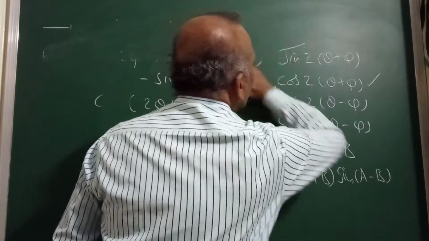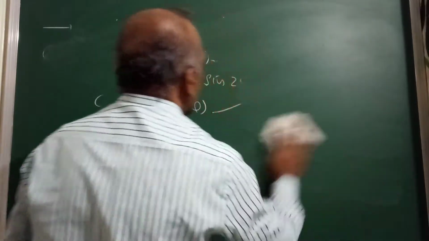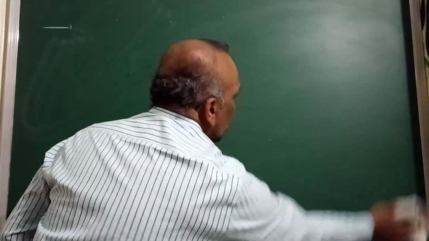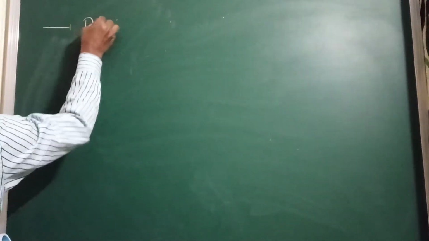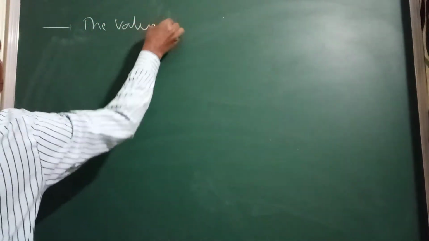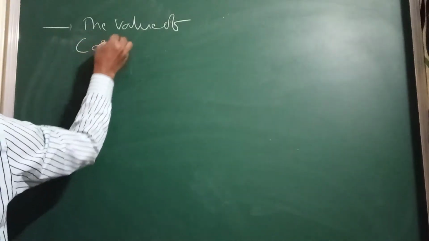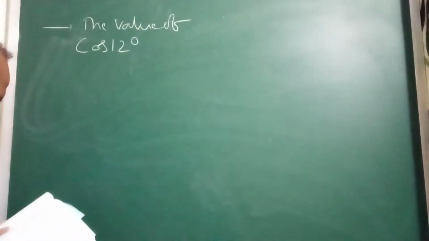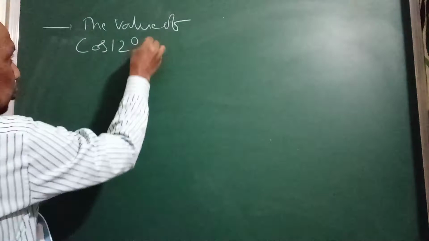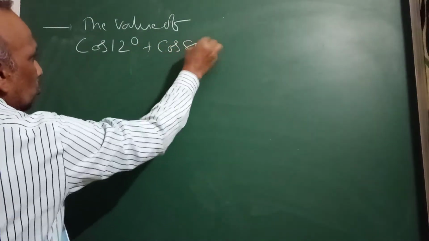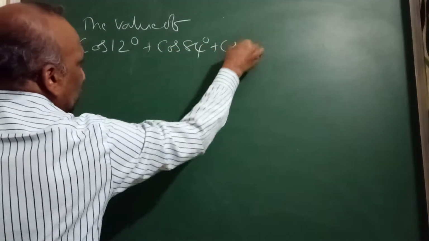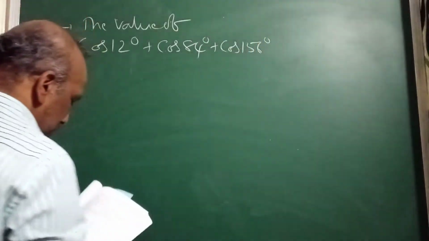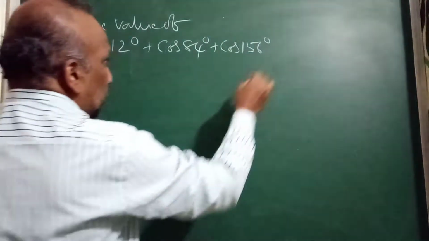The next problem. Just look at the next problem. The value of cos 12 degrees plus cos 84 degrees plus cos 156 degrees plus cos 132 degrees.